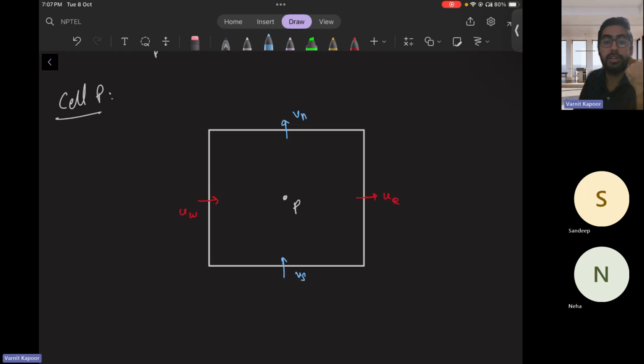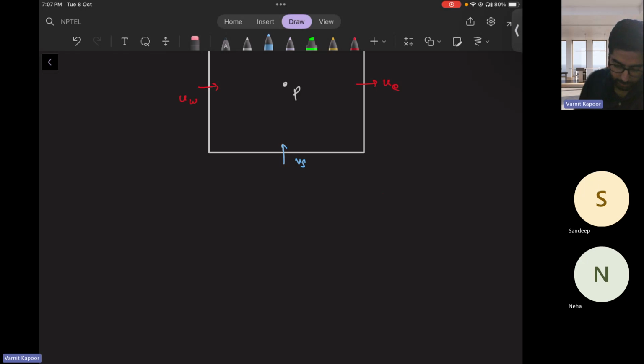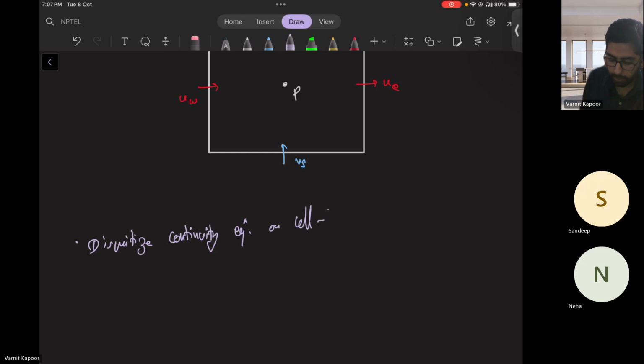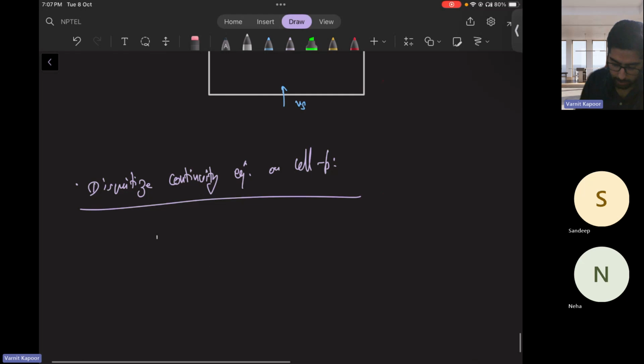So you need to discretize the continuity equation on cell P. Always make sure that you discretize continuity on cell P. That is del dot rho u dv control volume equal to 0.